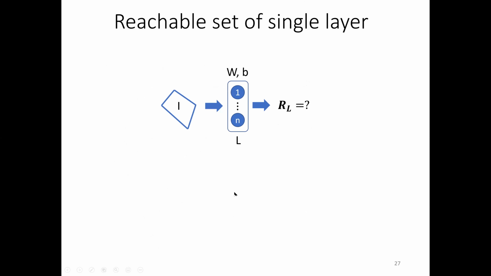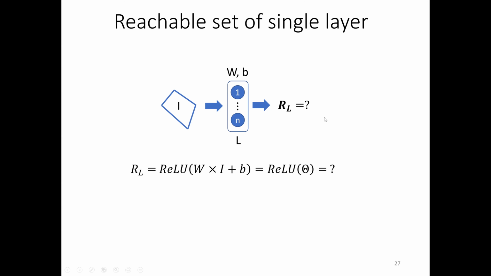Okay, so we know that the core step for reachable set computation of a feedforward neural network reduces to the problem of how to compute the reachable set for a single layer with a single input set, okay?